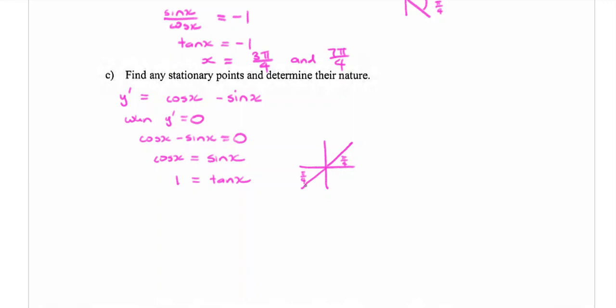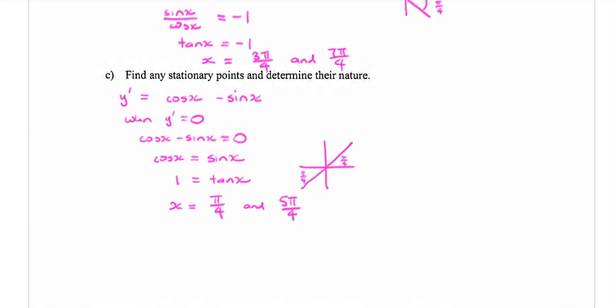So in the first quadrant, pi over 4 is my solution. To move it into the third quadrant, I need to do pi plus pi over 4, which is 5 pi over 4. Okay, that's good.